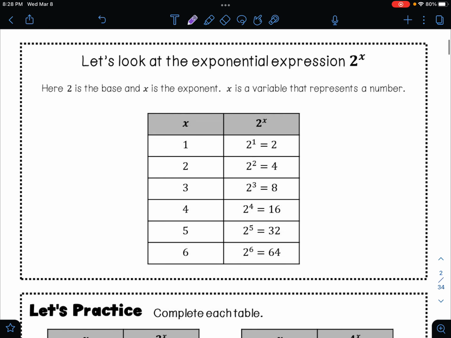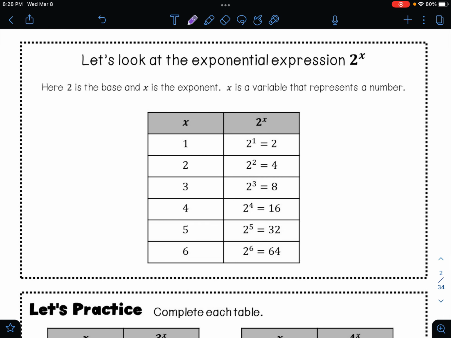If we look at the next page of our notes, it says, let's look at the exponential expression 2 raised to the power of x. Here 2 is the base and x is the exponent. X is a variable that represents a number. So we can fill out a table of values for 2 to the x. If I want to plug in 1 for x, I'm just replacing the x with these numbers here.